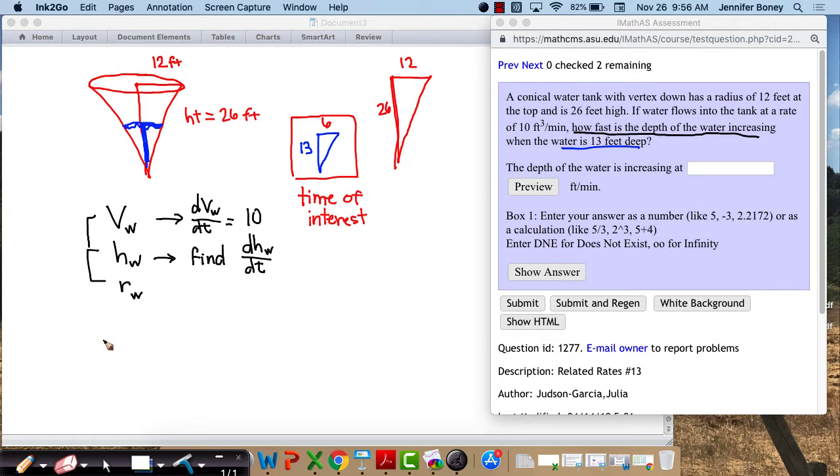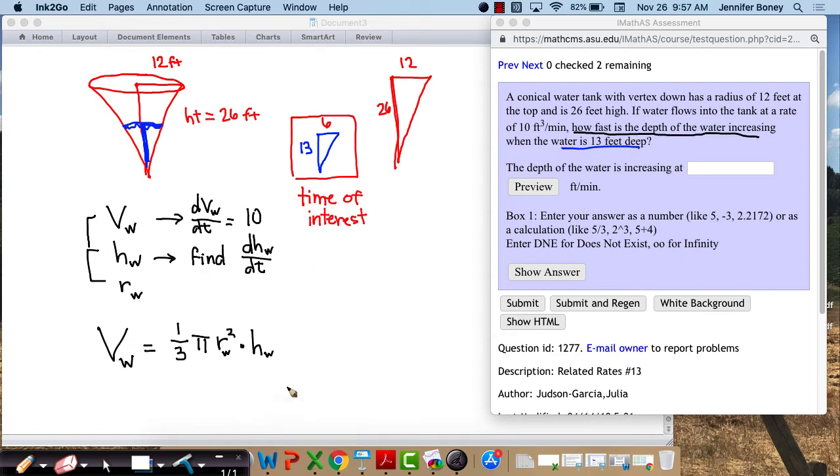But if I know that the volume of a cone is 1/3 pi r squared times the height, or look that up someplace since it's homework and it isn't listed right here, then the volume of the water in the cone is always based on the same sorts of things. 1/3 pi r squared, the radius of the water in the cone, times the height of the water in the cone. And you could use d for depth if you wanted to.